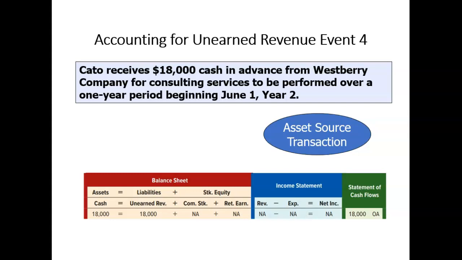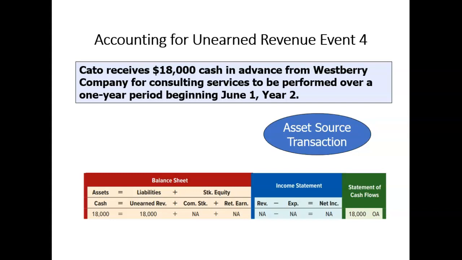Now remember that I said the deferrals mean that cash has been received before either recognizing the revenue or recording the expense. Example, Cato received 18,000 cash in advance from Westbury Company for consulting services to be performed over a 1 year period beginning June 1st, year two. So we're saying now that we received 18,000 cash before we've done any work.